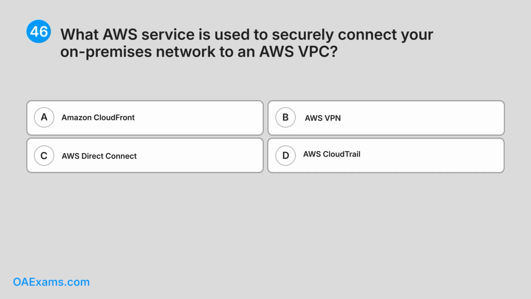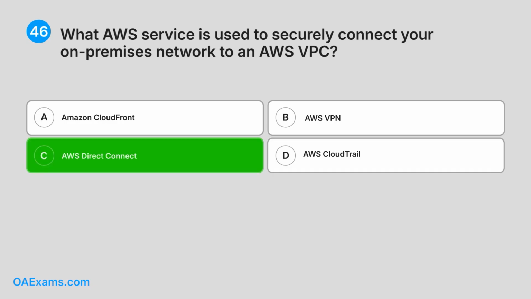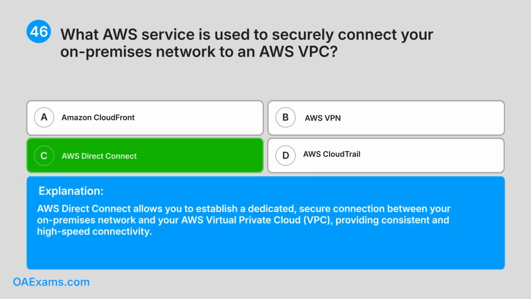Correct answer. C. Explanation: AWS Direct Connect allows you to establish a dedicated, secure connection between your on-premises network and your AWS Virtual Private Cloud, VPC, providing consistent and high-speed connectivity.